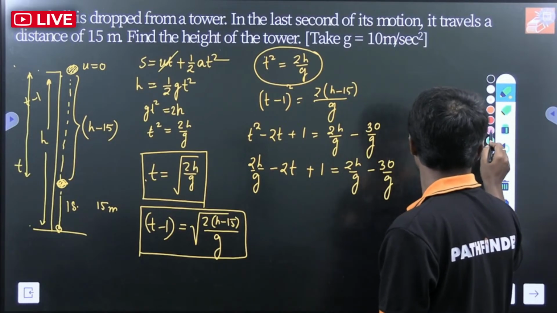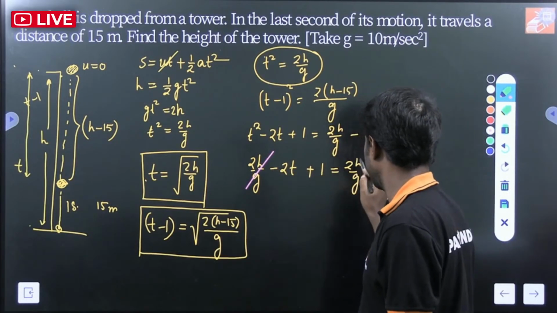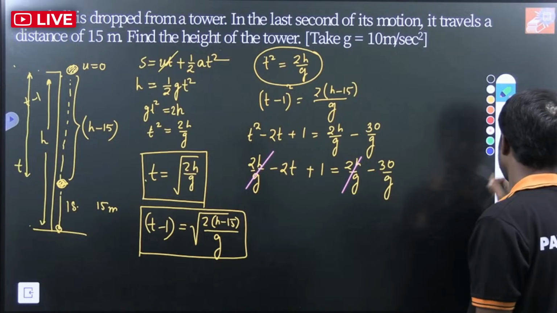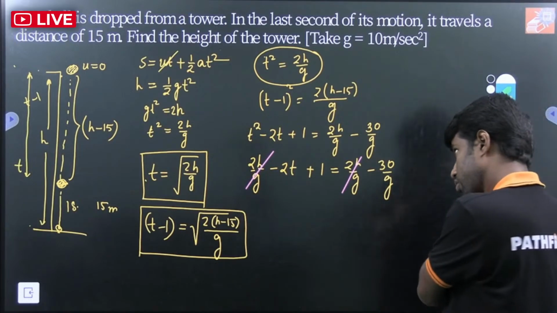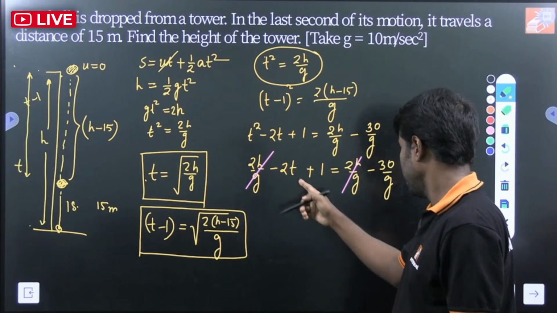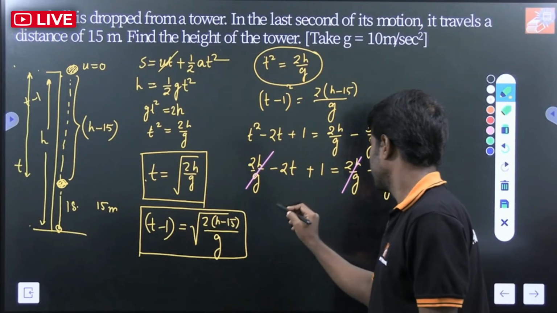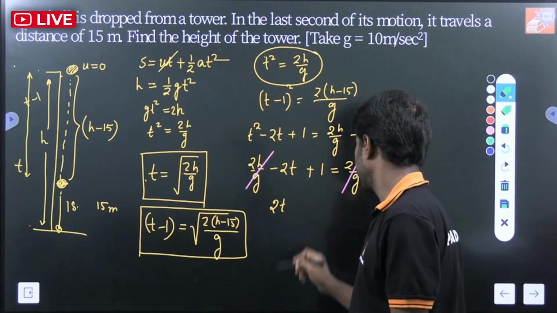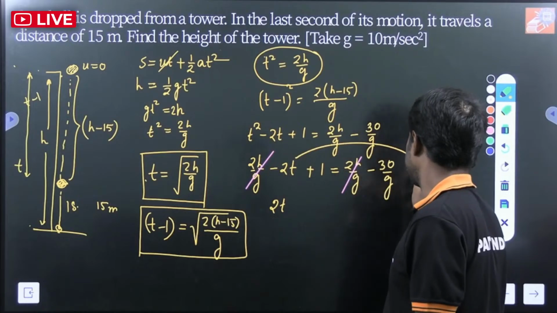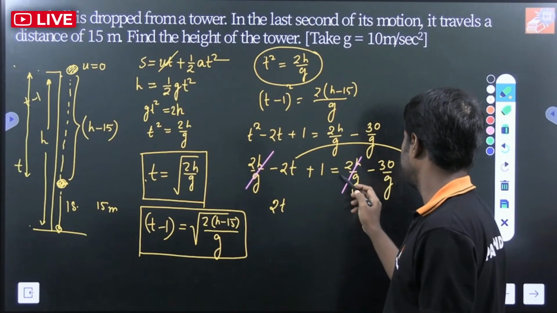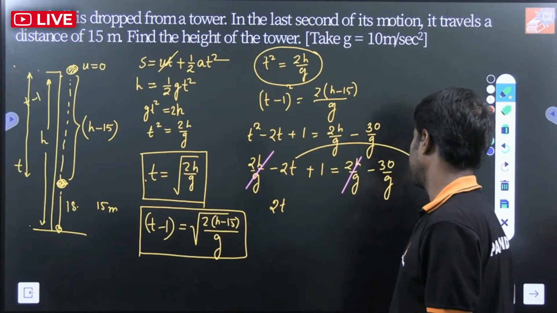Chalo, 2h by g cancels on both sides. So we get 2t. We take this one to the right side and the remaining part to that side.